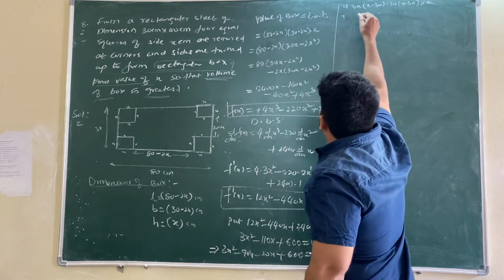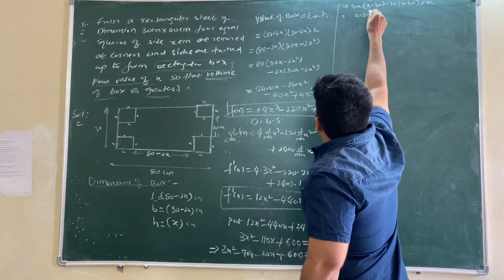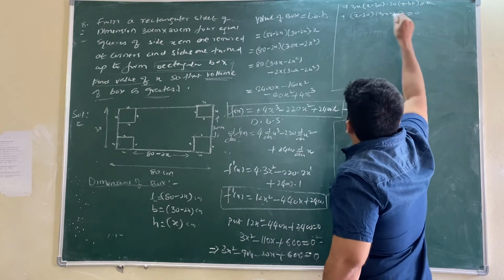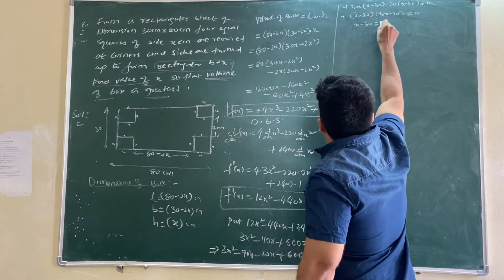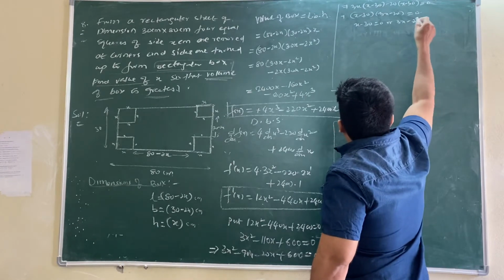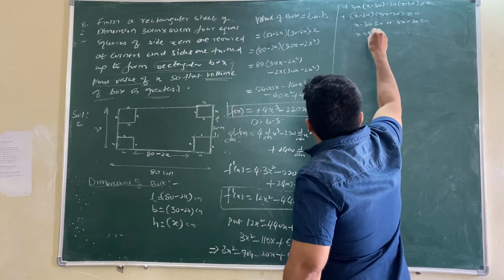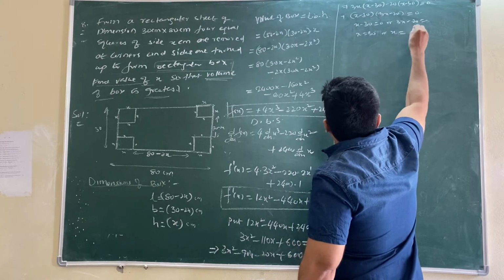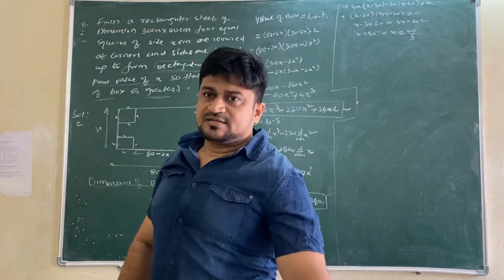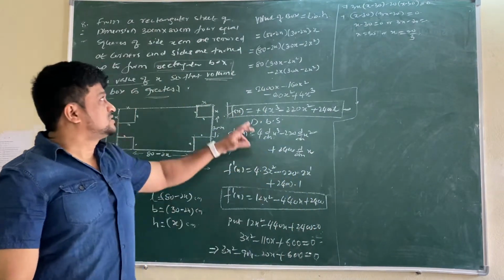So x minus 30 into 3x minus 20 equal to 0. x will be 30 or x will be 20 by 3. Clear till here?